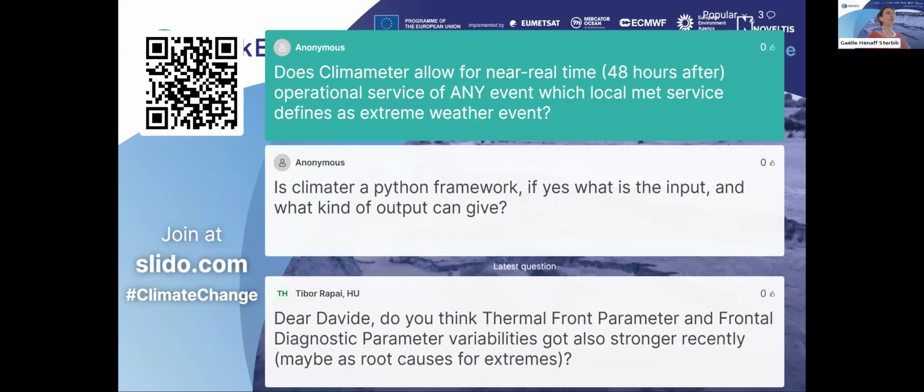Does Climate Meter allow for near real-time operational services of any event which the local meteorological service defines as an extreme weather event? So, in some sense, we can cover globally the events that come up, provided that they are in the events that we can cover, that for the moment are heat waves, cold spells, floods, cyclones, and fires.